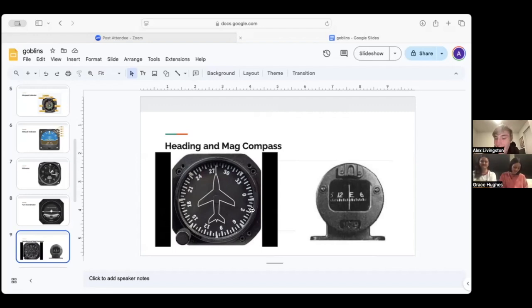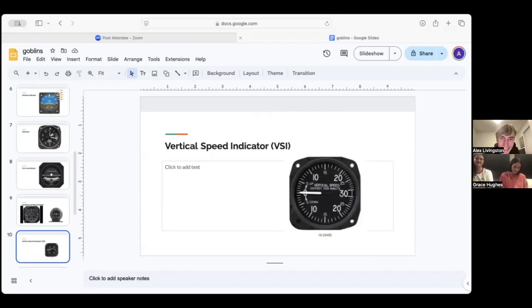Perfect. And I think the last instrument is the vertical speed indicator, or VSI as it's commonly called. What this is doing is telling you how many feet per minute you're either climbing or descending.